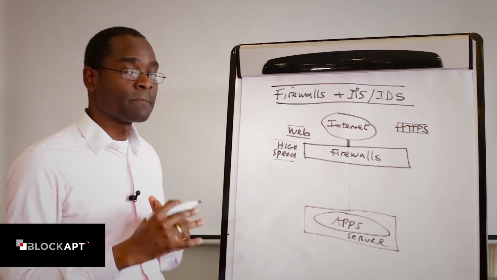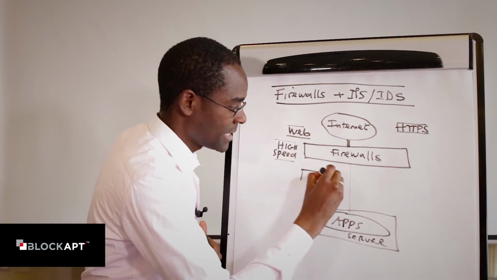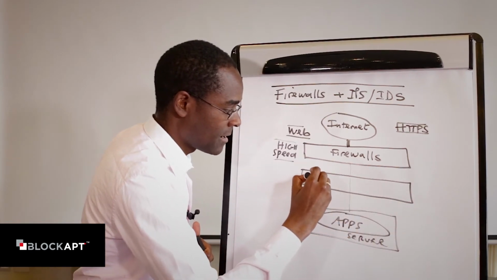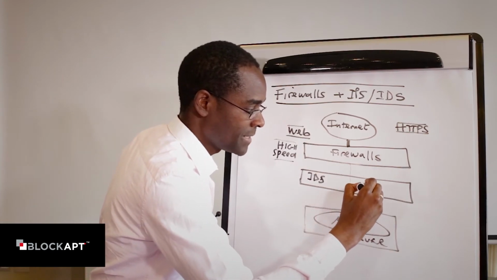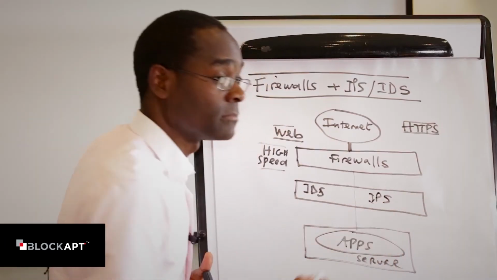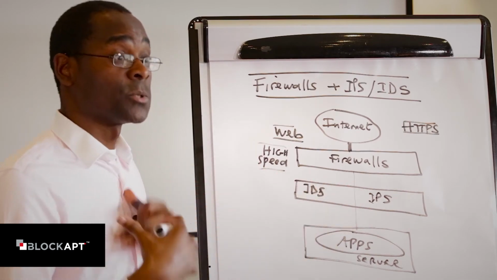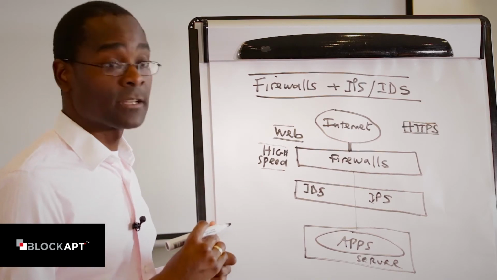And this is why devices like IPS and IDS are used. An IDS is an intrusion detection system, and an IPS is an intrusion prevention system. The difference is that one can only alert, while the other can actually do something about it by stopping the traffic if an attack is going on.